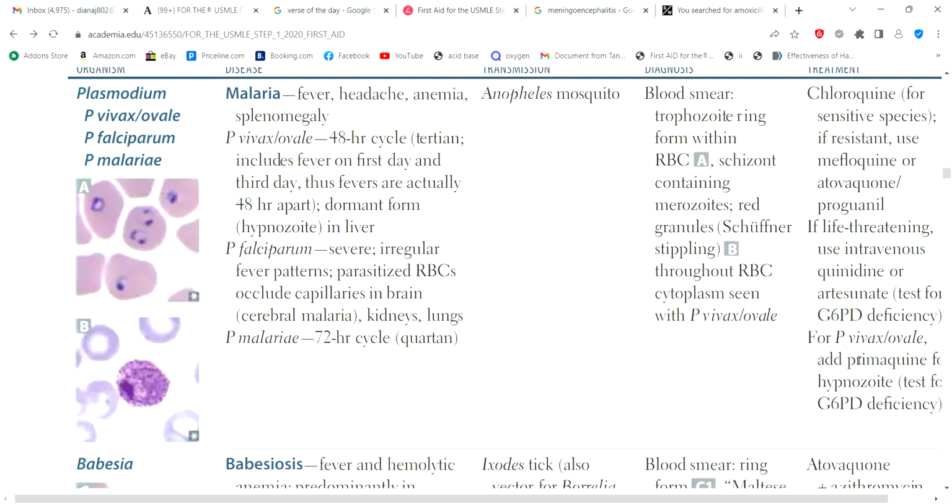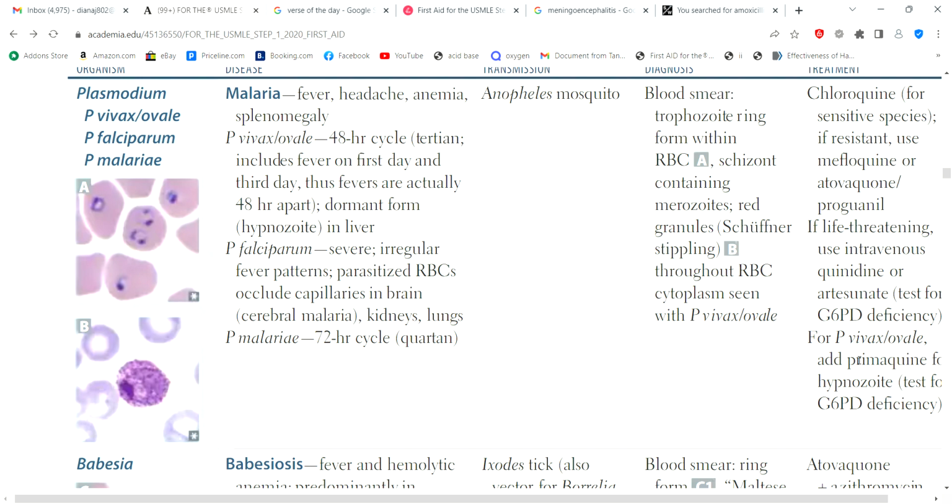The symptoms are fever, headache, anemia, and splenomegaly. In P. vivax and ovale, there's a 48-hour cycle, which includes fever on the first day and on the third day. Dormant hypnozoites remain in the liver.